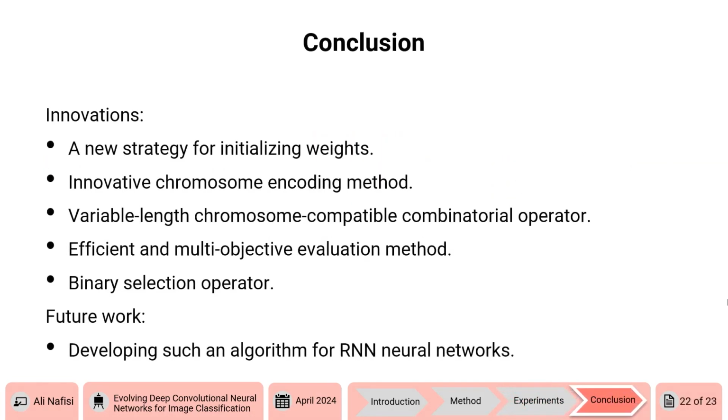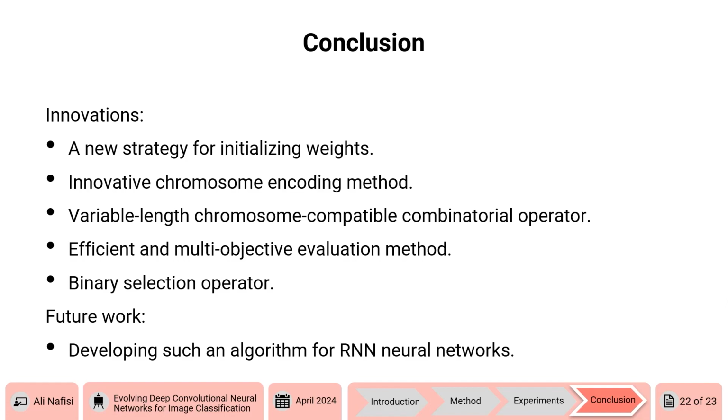Finally, we reached the conclusion part. So this was a good paper. It had many innovations. It combined the evolutionary computation world with the computer vision and deep learning world, which was interesting. It had a new strategy for initializing weights.